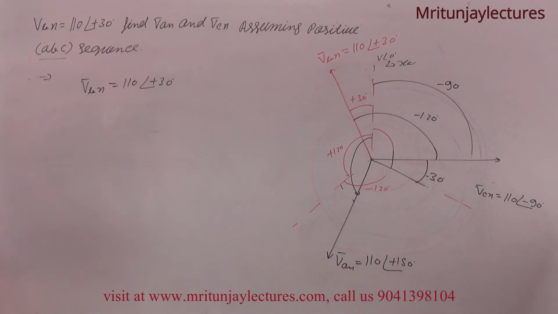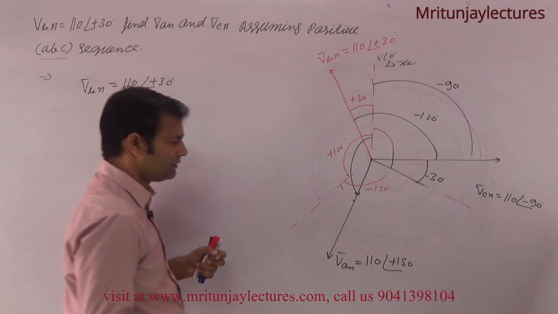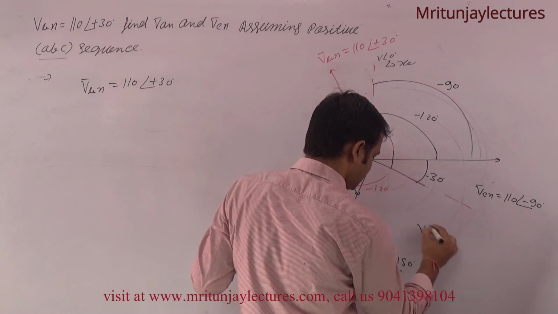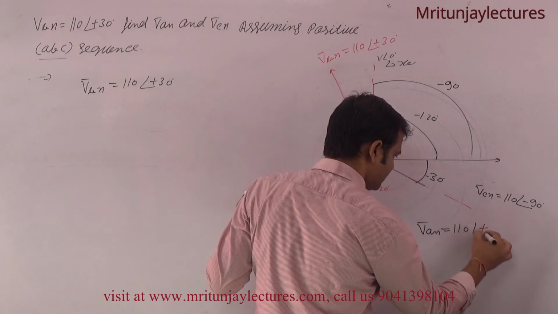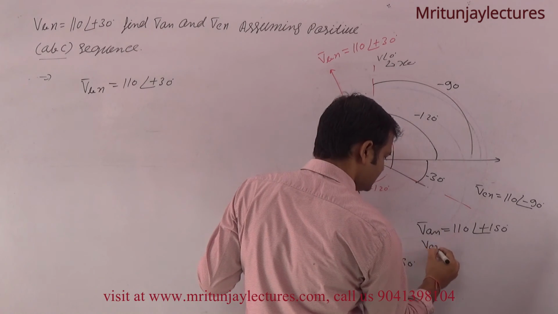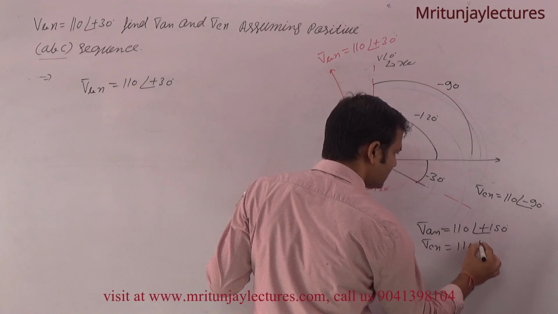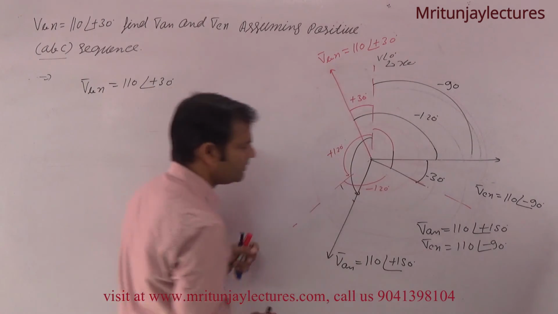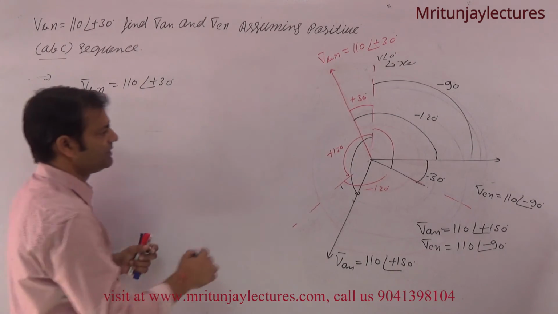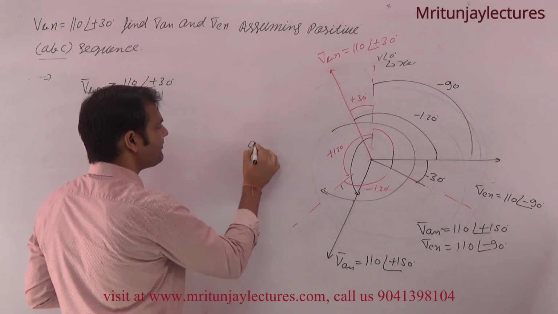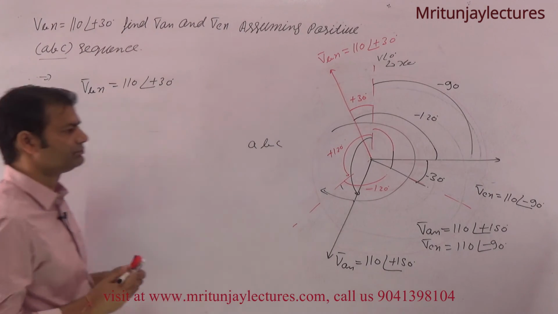Clear? It means AN is this and CN is this. Clear? Make it. This phase sequence is ABC. Make it.